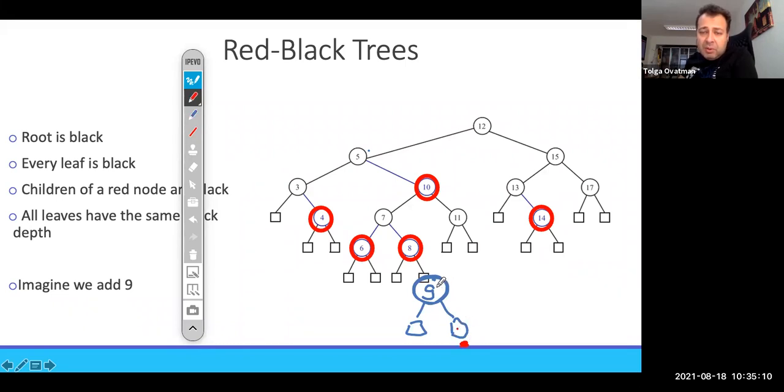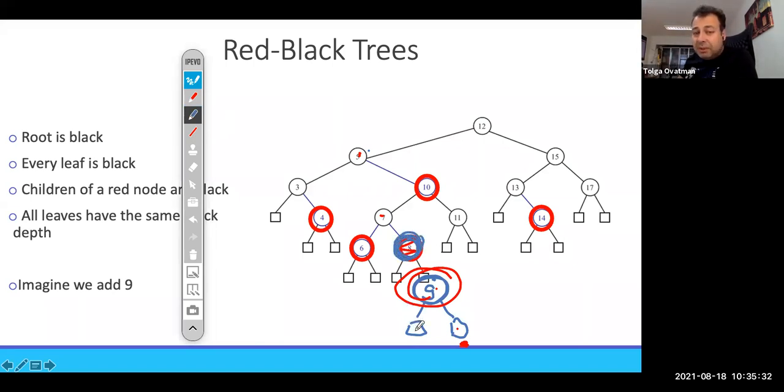I would have 1, 2, 3 black nodes, which violates the last property. So is it not possible to make this red and change this to black?